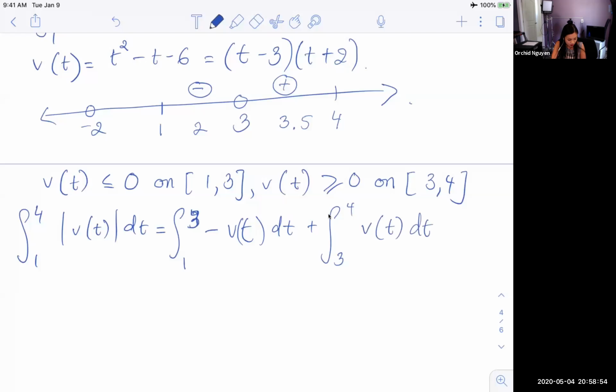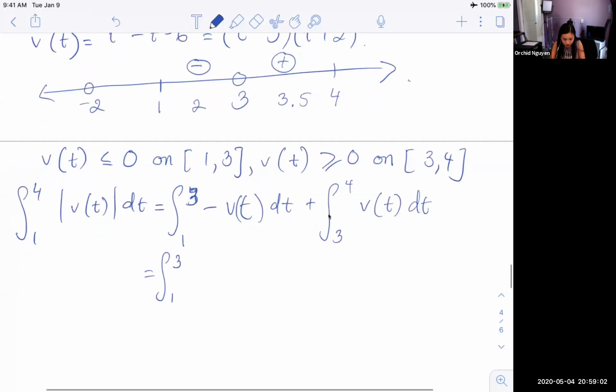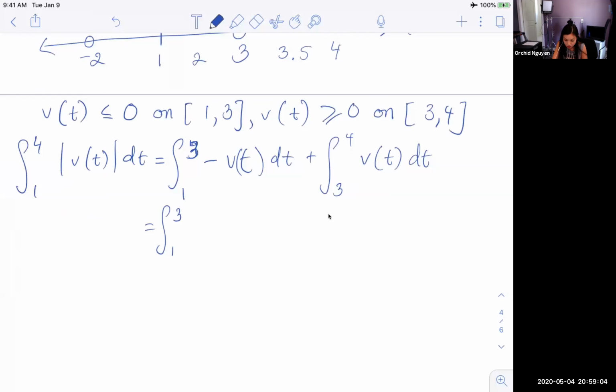Okay, so I have to pretty much multiply the negative 1 to the original function. So we ended up with negative t squared plus t plus 6 dt, right? And then the other one is exactly the same. So what I have is t squared minus t minus 6 dt.